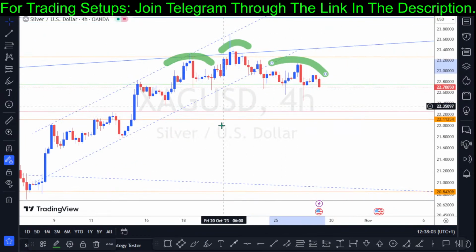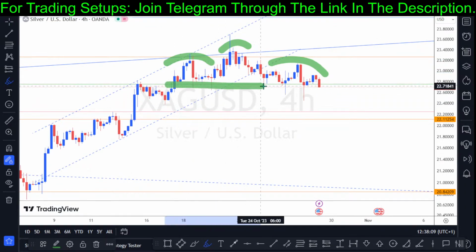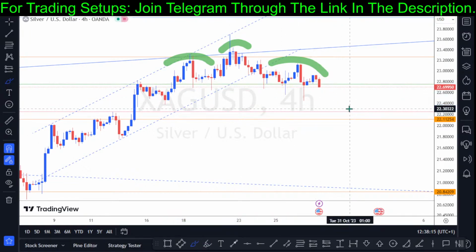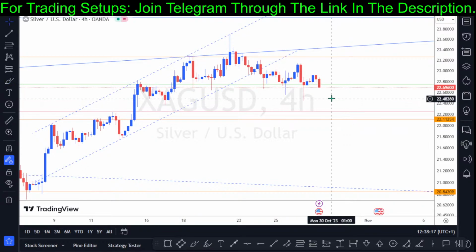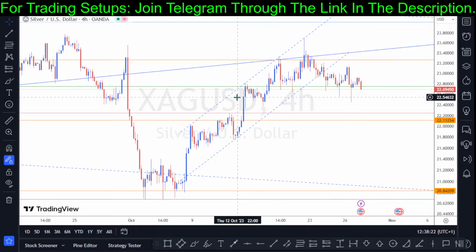Price is currently breaking out of the neckline structure of this pattern on the 4-hour chart. You can see the neckline structure right here. So price is currently breaking out. This might be a great sell on silver, right? If you're a commodity trader, you can check that out and run your analysis, right, guys?